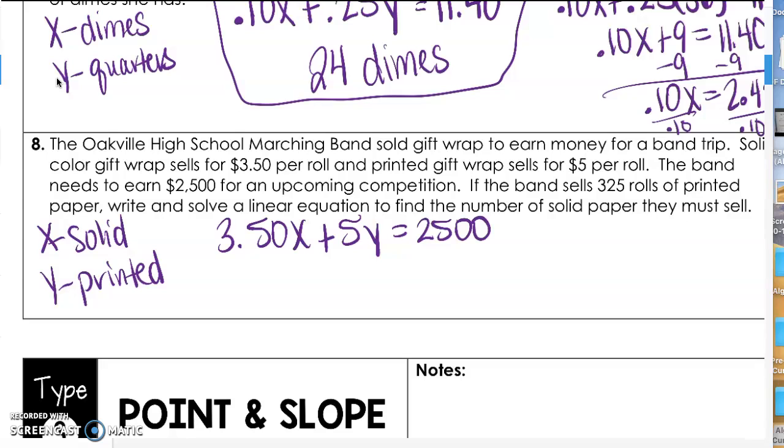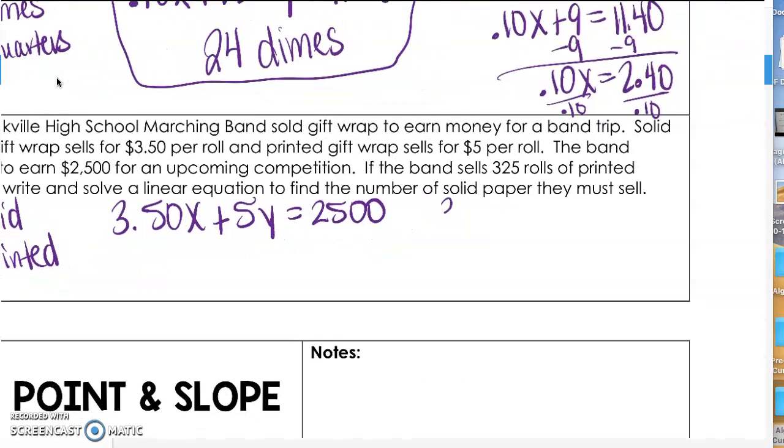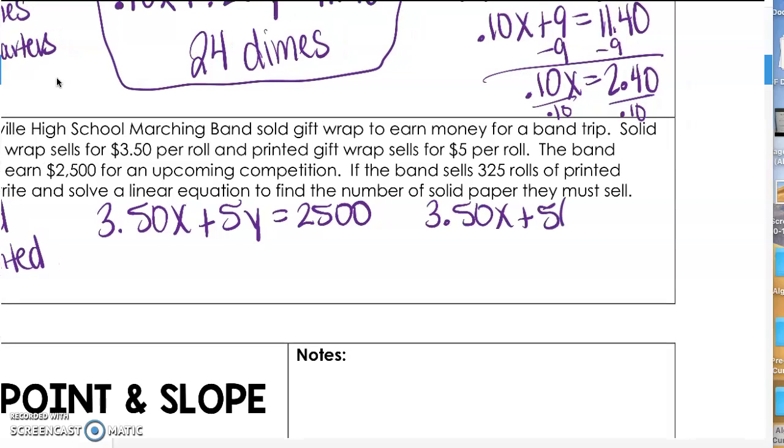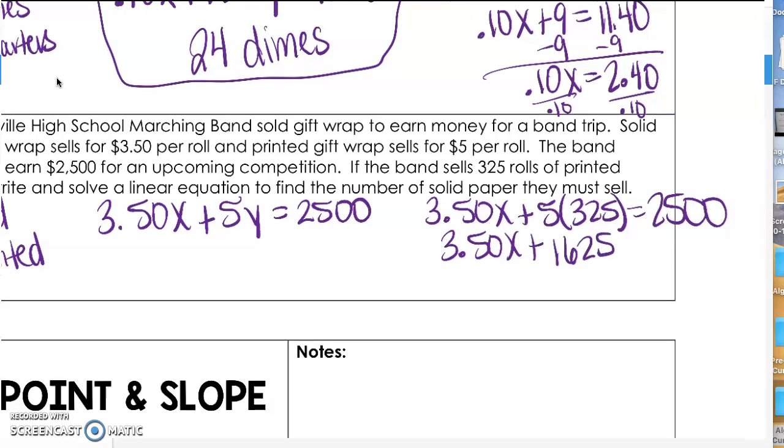The band is selling 325 rolls of printed, so that needs to go in for y. So 3.50x plus 5 times 325 is equal to 2,500. So again, there's the equation that you would set up to solve it. If you don't want to do that, you know just to multiply and then subtract. That's totally fine. So 3.50x plus 1625 is equal to 2,500.